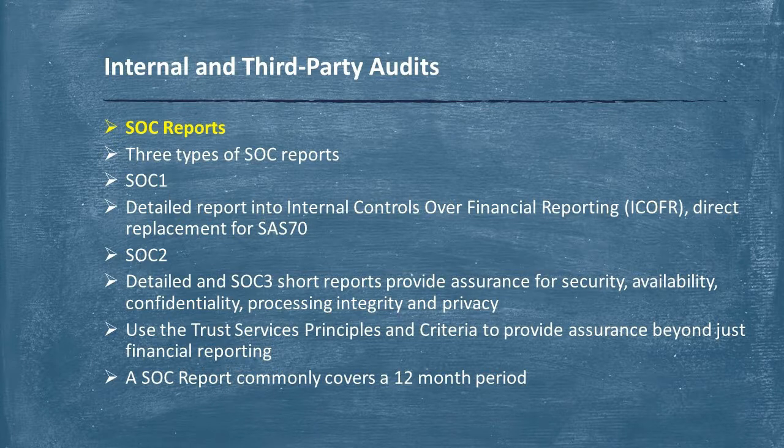And two other reports, SOC 2 and SOC 3. SOC 2 is a detailed one, whereas SOC 3 is a short one. The difference is that SOC 3 will not contain the test results, whereas SOC 2 will contain a detailed report of the test results.